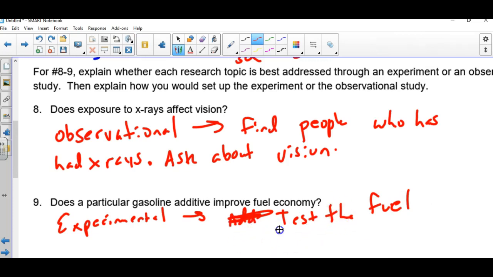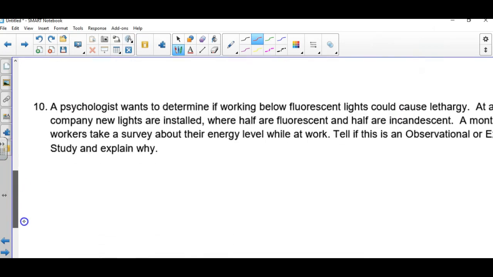Like you could put different fuel in different cars and see which one drove the same amount of distance, or which one ran out of gas. So you put 2 gallons of gas in each vehicle, the same vehicle, and see which one covered the most mileage. All right, last problem.